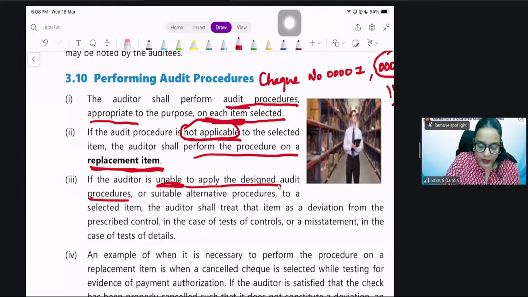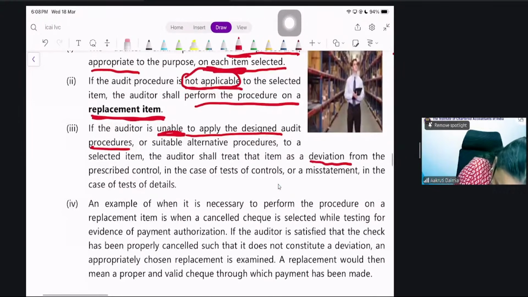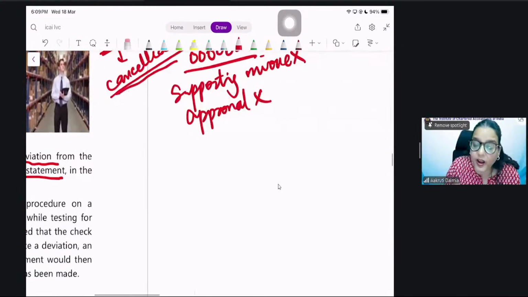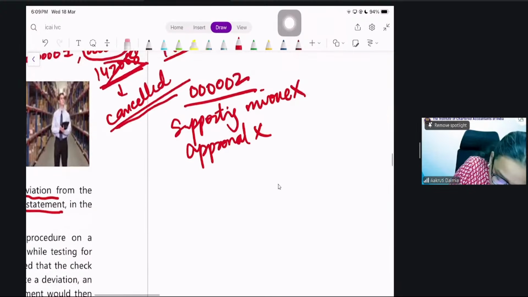So what can we think? We can think that maybe it is a kind of deviation or there is a misstatement. Now we will have doubt. Why is the invoice not there if a check has been issued for a payment to a supplier? Why is approval not available? If approval is not available, it means there is a deviation in the internal control system.